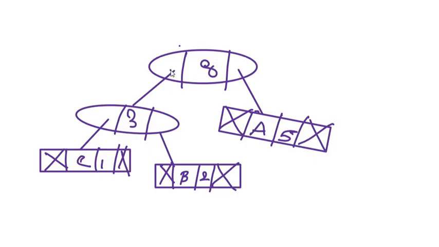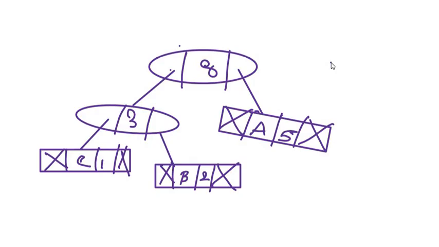Now we have to encode the values for all the characters A, B and C. So how can we encode? The rule is when we are traversing towards the left side, the value should be 0, and when we are traversing towards the right side, it should be marked as 1. So if I want to find the value of C, I have to start from the root node.